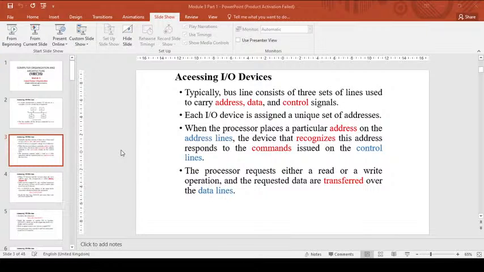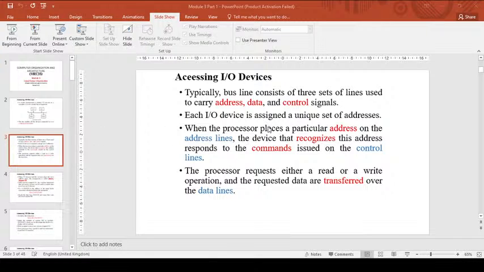There may be n number of devices connected to the processor. Each device will have its own address by which the processor recognizes it. If the processor wants to communicate with a particular IO device, its address will be placed on the address bus. Out of n IO devices, the respective IO device recognizes its address and places the data onto the data bus, and from the data bus the processor receives it.